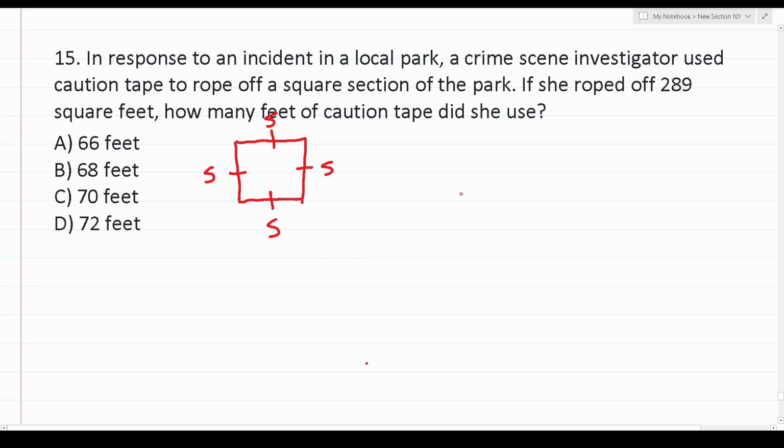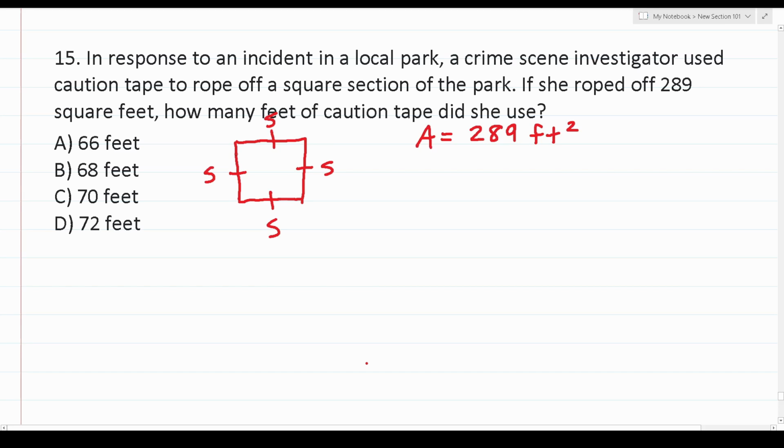And the question is this: we know the area of this square. According to the problem, the area of this square is 289 square feet. How are we going to use information about the area of this square to determine how much caution tape this investigator used? Well, let's think about that.